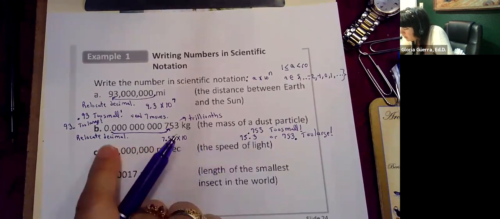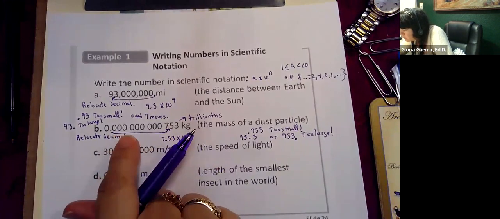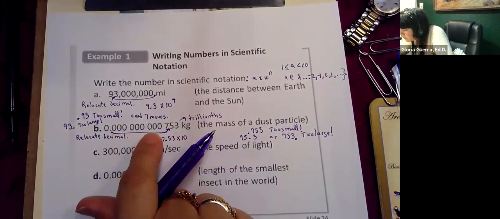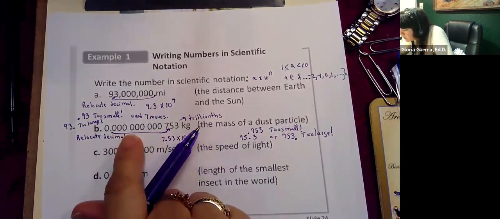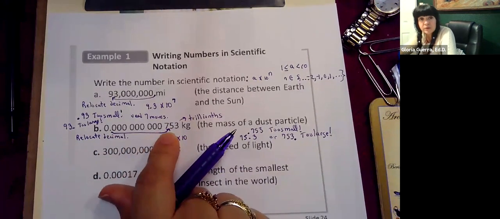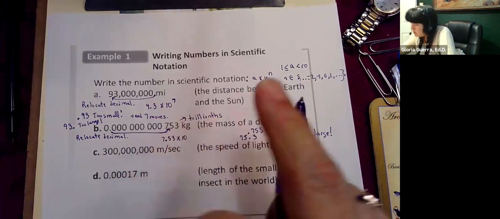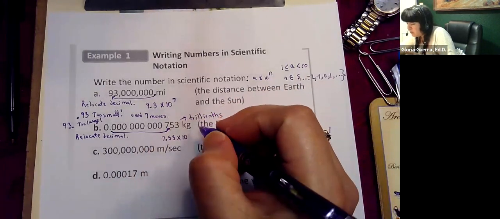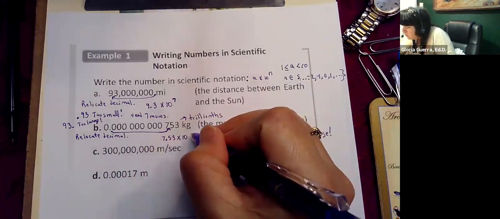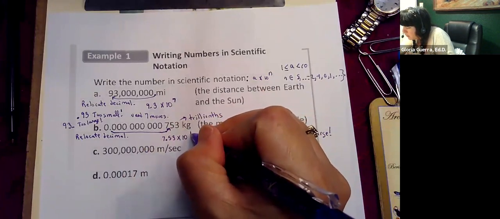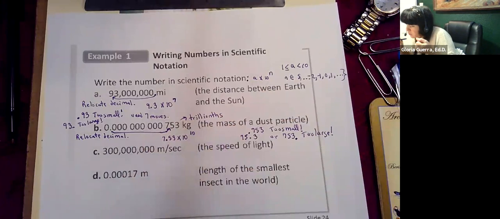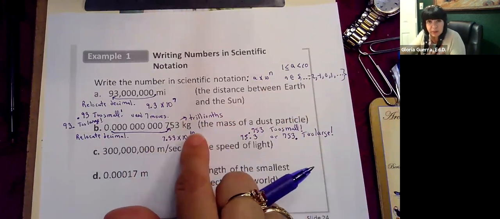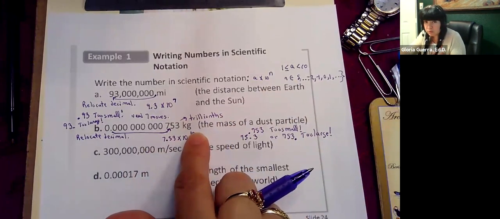And then when you count 1, 2, 3, 4, 5, 6, 7, 8, 9. So 3, 6, 9, and then we stopped here, 10. So this should be 7.53 times 10 to the 10th. And then remember, you have to think: do I need to go with the positive power of 10 or a negative power of 10? If you go with a positive power of 10, this is a large number.